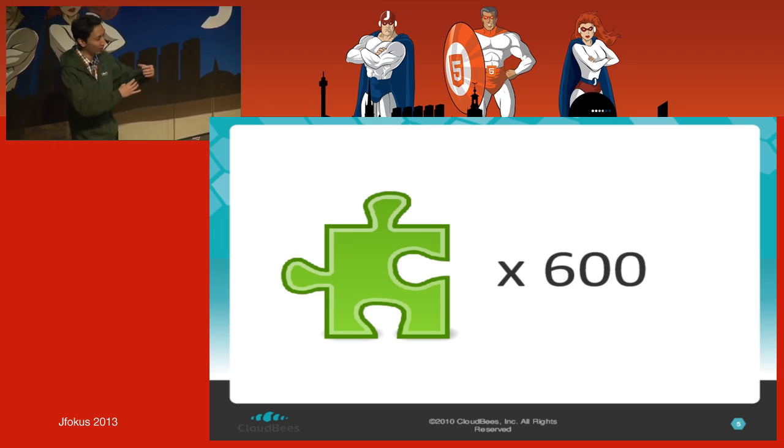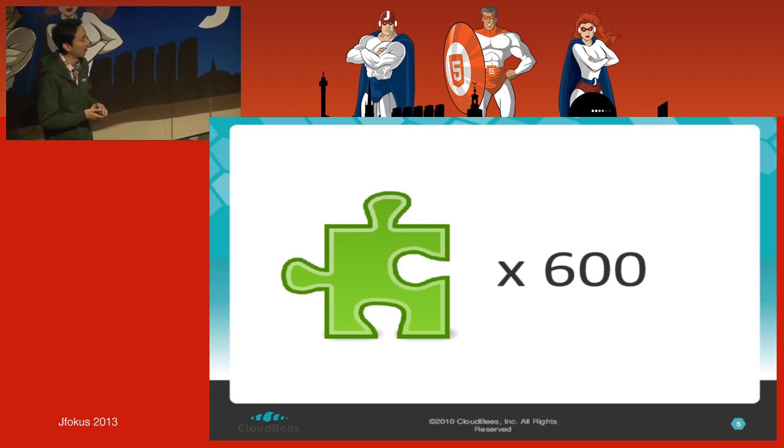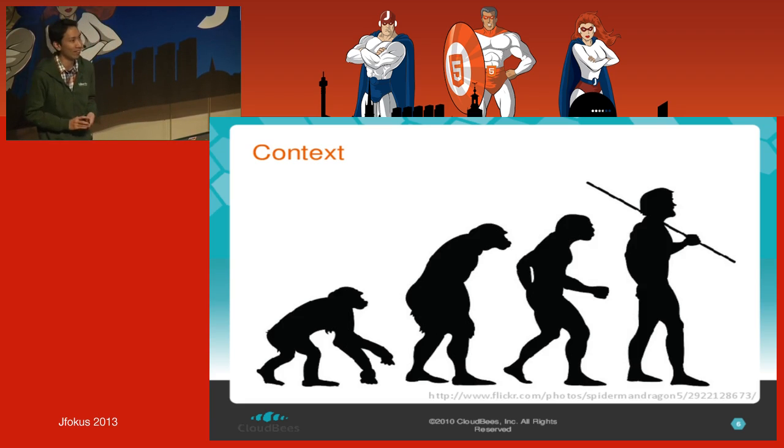The tool needs to be able to adapt to all these use cases, and the only way to do it is by extensibility. So we have today more than 600 plugins integrating Jenkins into all sorts of things you can imagine, including Chuck Norris.